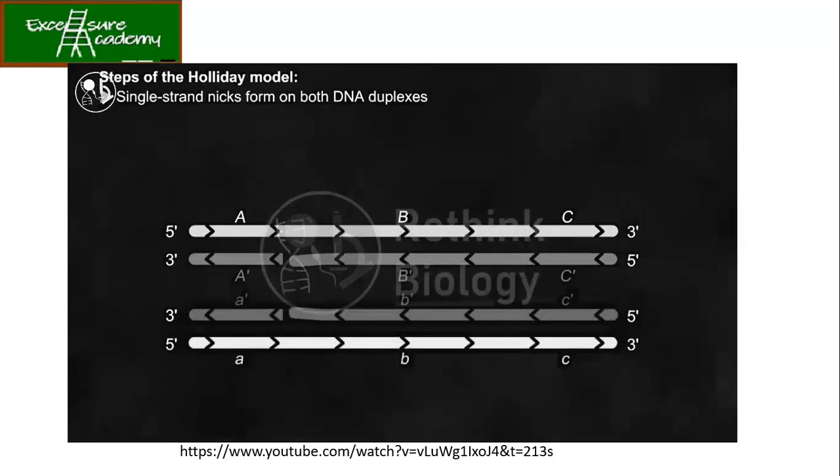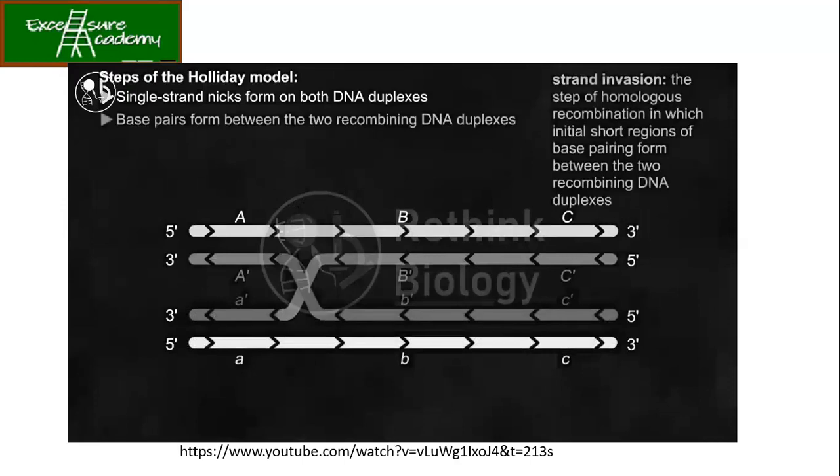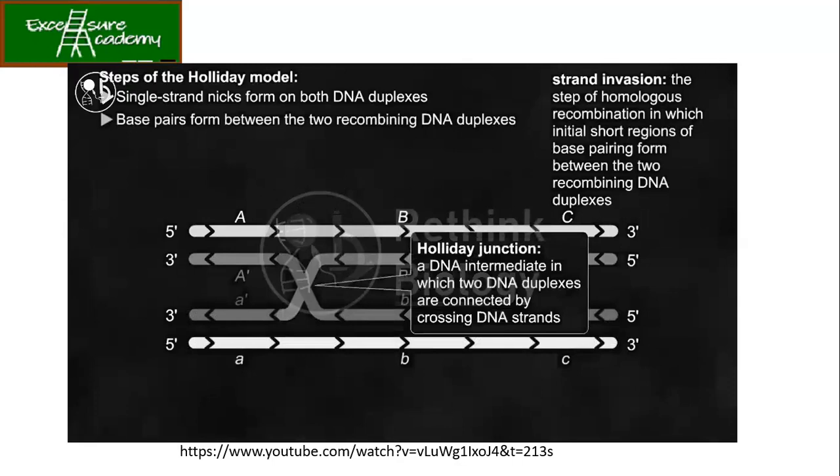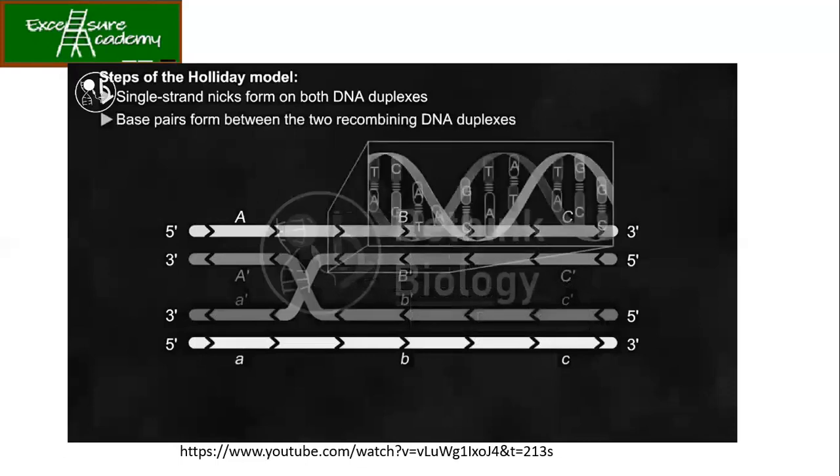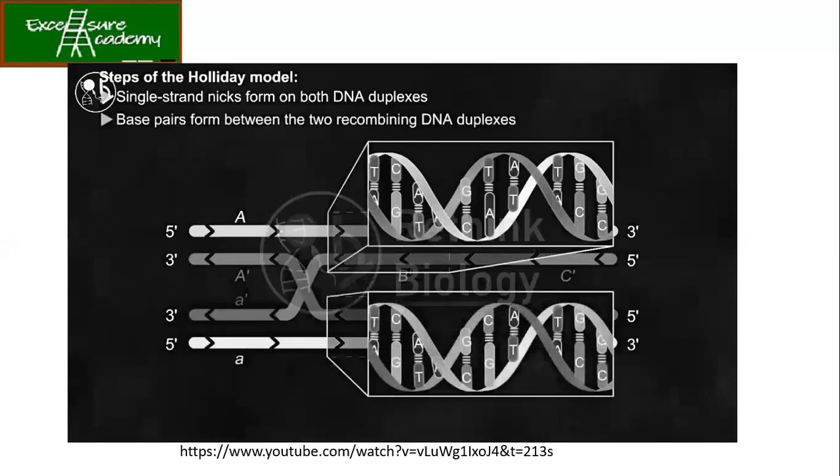In this step of homologous recombination, initial short regions of base pairing form between the two recombining DNA duplexes near the nicks, and a Holliday junction is formed. It is the region where two DNA duplexes form a cross-like structure of DNA strands. On the other hand, each of the nicked strands can easily base pair with the uncleaved strands of the opposite duplex because of having the same or almost similar sequence on both the duplexes.